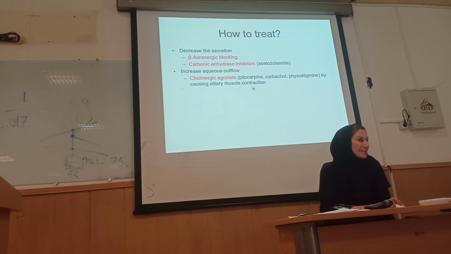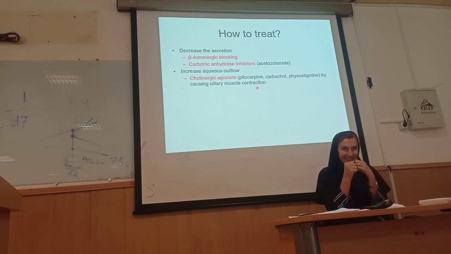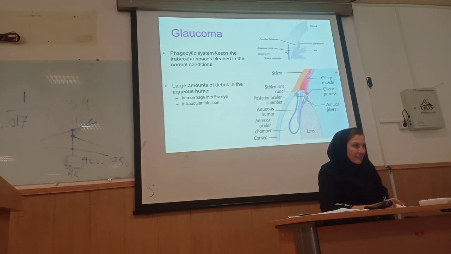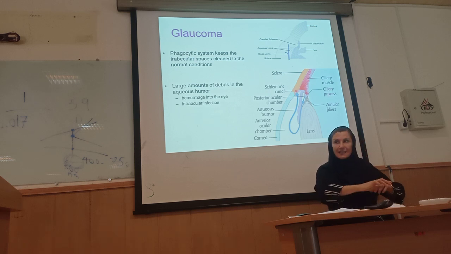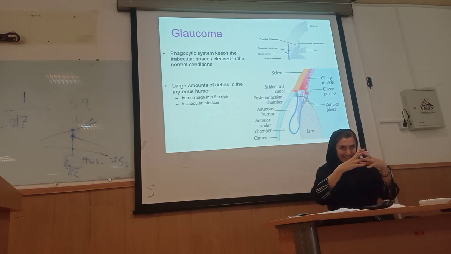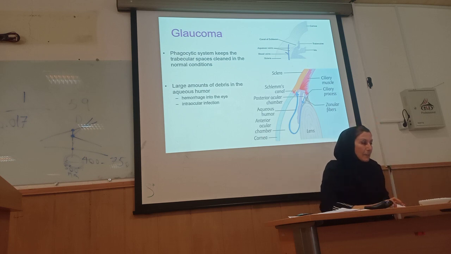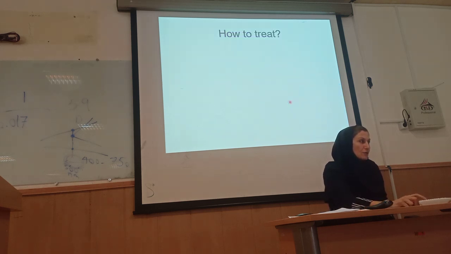By ciliary muscle contraction, the outflow increases, because when they contract, this canal gets more open because they pull on it, and the outflow increases.